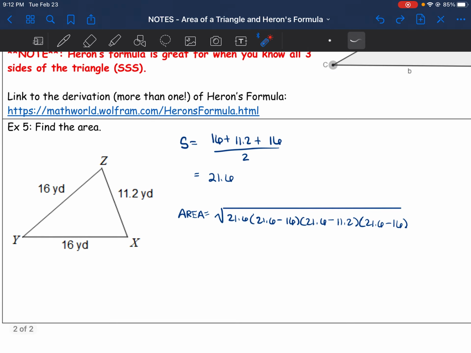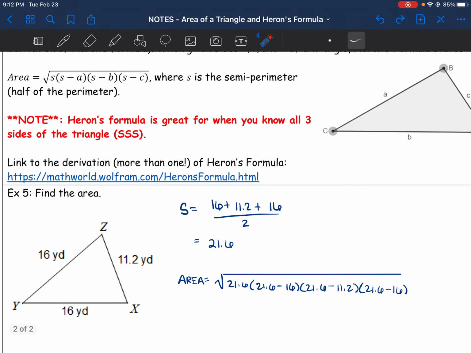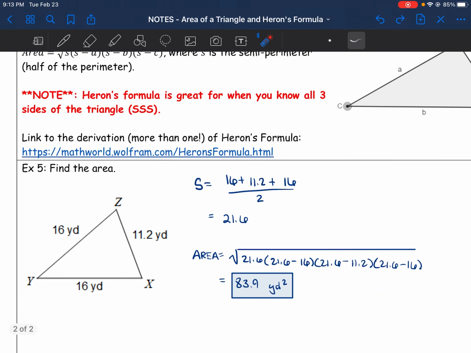Once I know the semi-perimeter, it's a pretty easy calculation. It's just going to be the square root of the semi-perimeter, 21.6, times the semi-perimeter minus one side, times the semi-perimeter minus the next side, times the semi-perimeter minus the final side. Plug all that into the calculator, and we get that the area of this triangle is 83.9 yards squared.